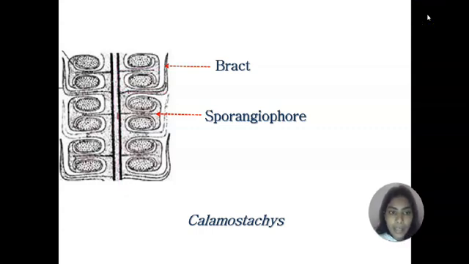Here in Calamostachys, you can see the sporangiophore and the strobilus axis are at right angles to each other. That is, the sporangiophore is borne at 90 degrees to the strobilus axis.